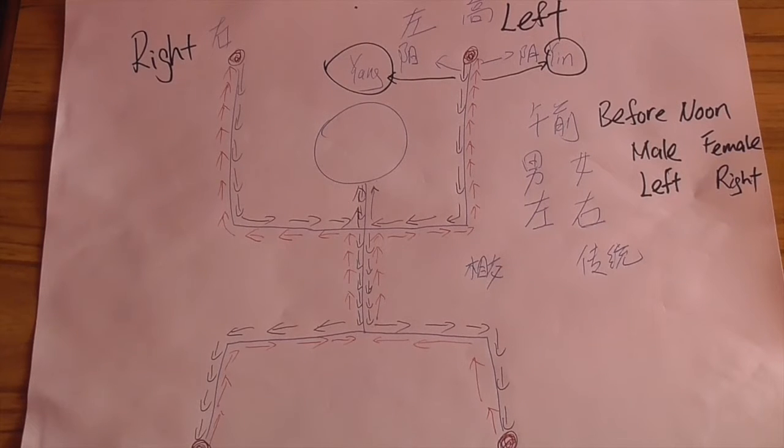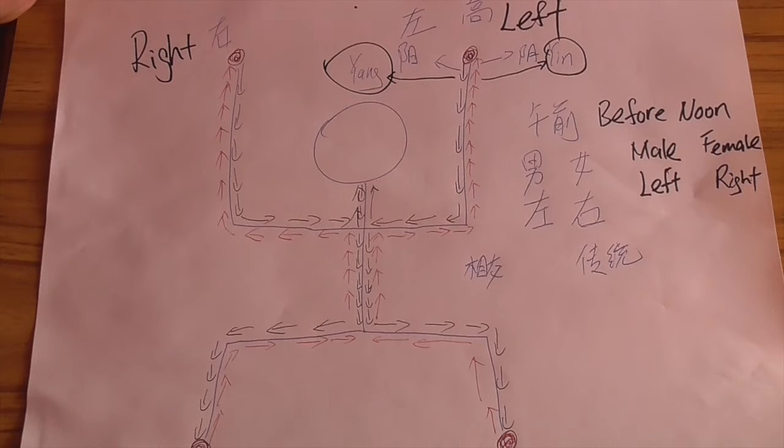Okay, in this chapter, I'm gonna show you the blood and chi flow in yin meridian and yang meridian, and the directions are different from what you learn in school.